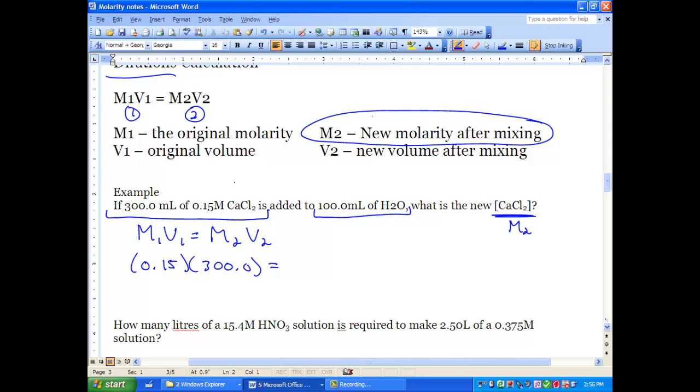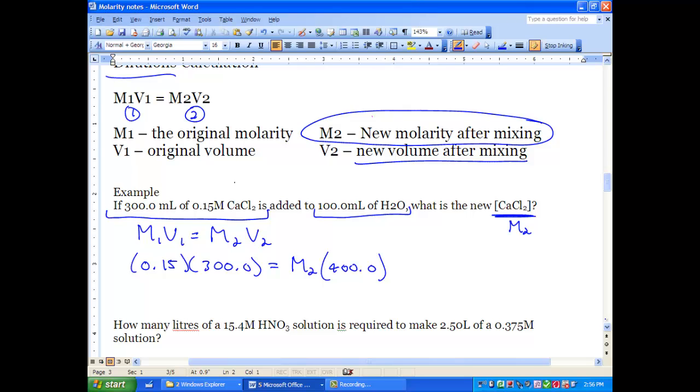The new concentration is the new molarity, new M2. And the new volume is always the total volume after you're done mixing. So 300 plus 100 is 400. It's really the only mistake people make when starting off in this section is they always forget to add up the volumes.